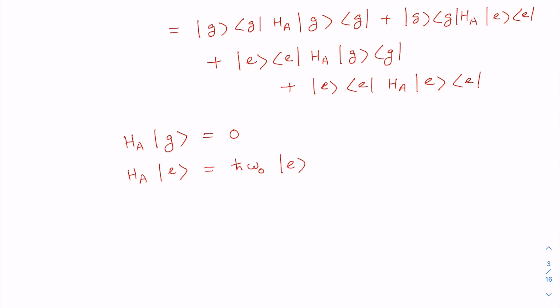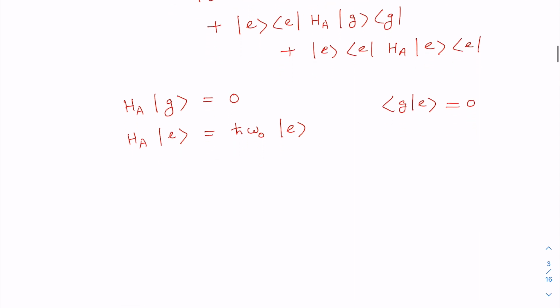Also we know that these states are orthogonal to each other, so the scalar product <g|e> is equal to 0. Therefore you can immediately see from these relations that the atomic Hamiltonian can be written as ħω0 |e><e|.